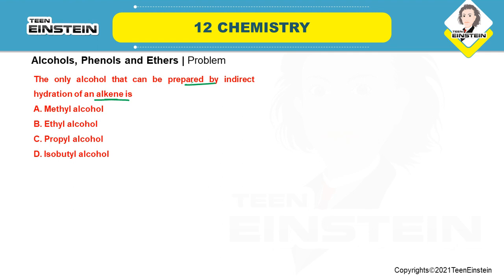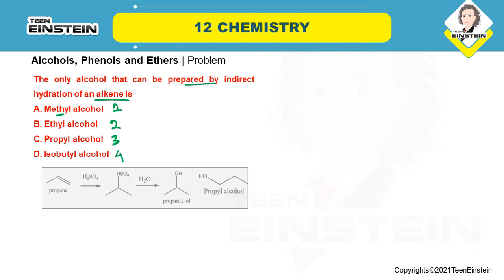Now the alcohols that are mentioned here, this is containing 1 carbon, this is 2 carbon, this is 3 carbon, and this is 4 carbon. Now when it is propyl alcohol you are trying to prepare, first come to option C. So in case of option C, if you want to make propyl alcohol, this is the structure of propyl alcohol.